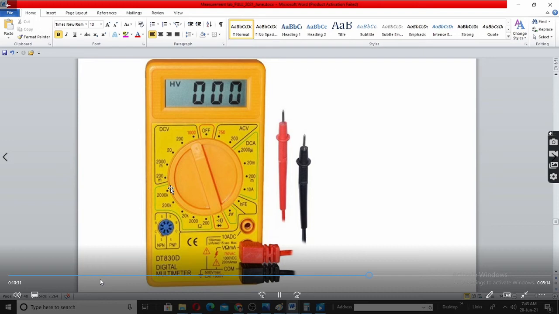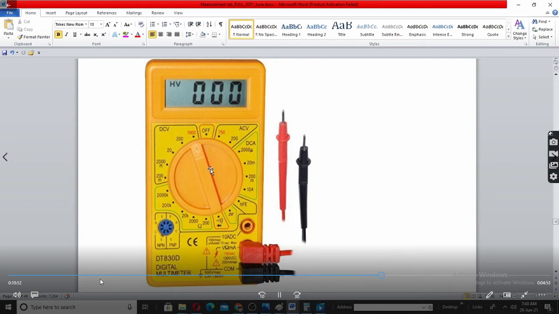Even in that case, if it displays 1 here, then it means the resistance is even more than 2000K, hence not measurable using this meter.